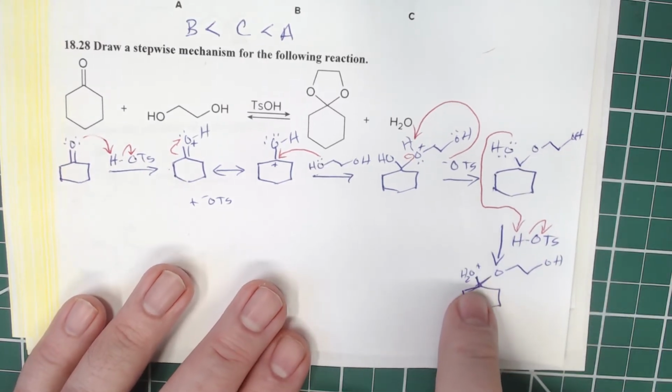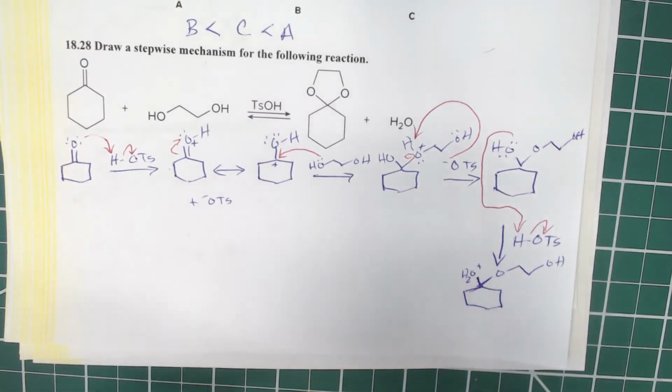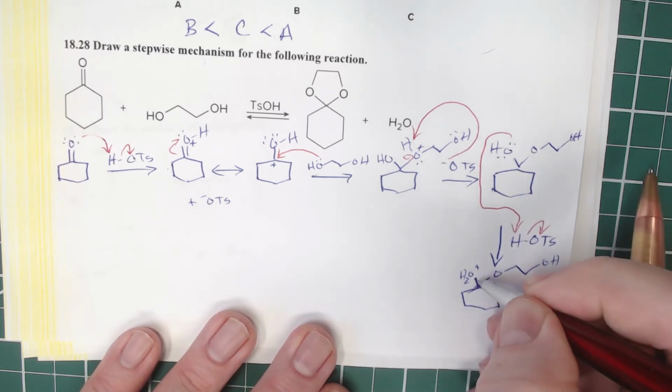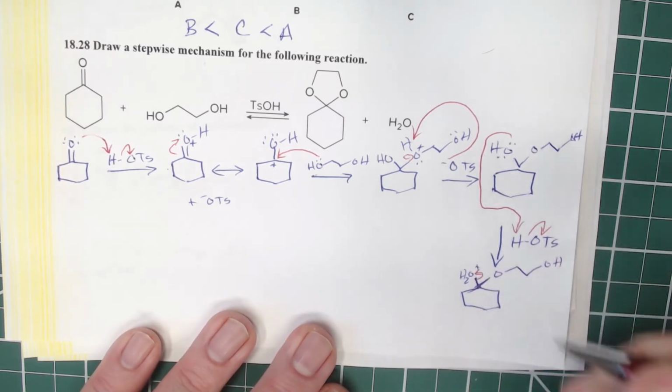Now we've moved on to the second step. Remember, the second part of that was protonation, loss of water, nucleophilic attack, and then deprotonation. So we've done the protonation. Now let's do the loss of water. We're going to lose that water molecule.